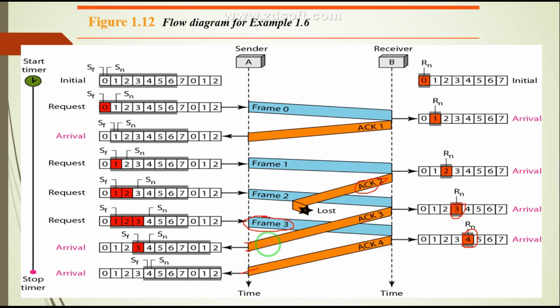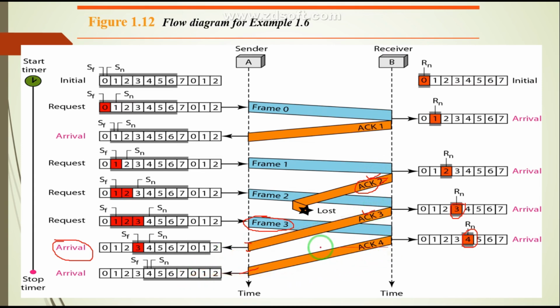As soon as acknowledgement 3 is received over here, the sender comes to know, guys, although acknowledgement 2 is lost, acknowledgement 3 is used as a cumulative acknowledgement. It means it is going to serve both acknowledgement 2 as well as acknowledgement 3 itself.